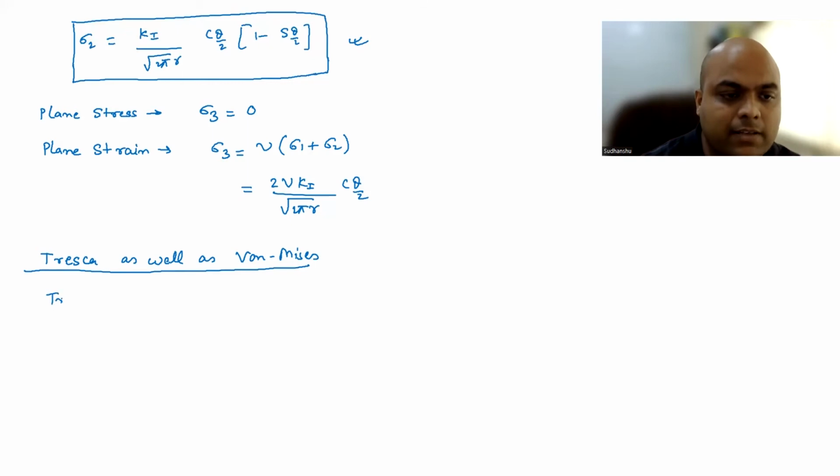So Tresca is sigma max minus sigma min equal to sigma y, okay, where these two are principal stresses.